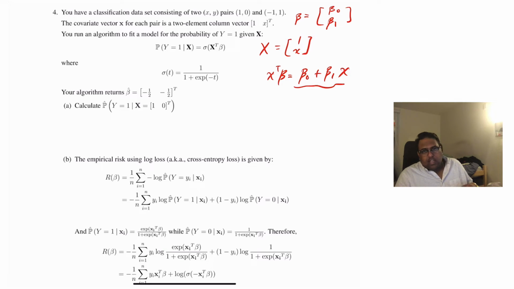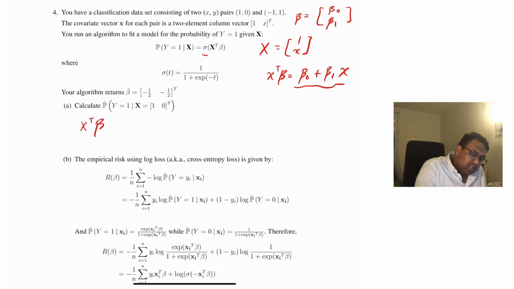So in this problem, we're not going to deal with how we come up with these estimates for beta. We're just going to calculate the probability that y is 1, given that x is this vector (1, 0). And so first we need to compute x transpose beta, right? Because then we plug that in to the sigmoid function. In this case, x transpose is (1, 0), and beta is (-0.5, -0.5).